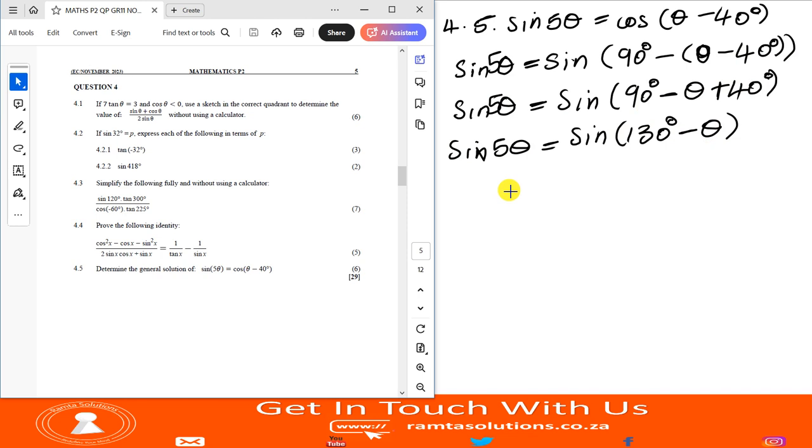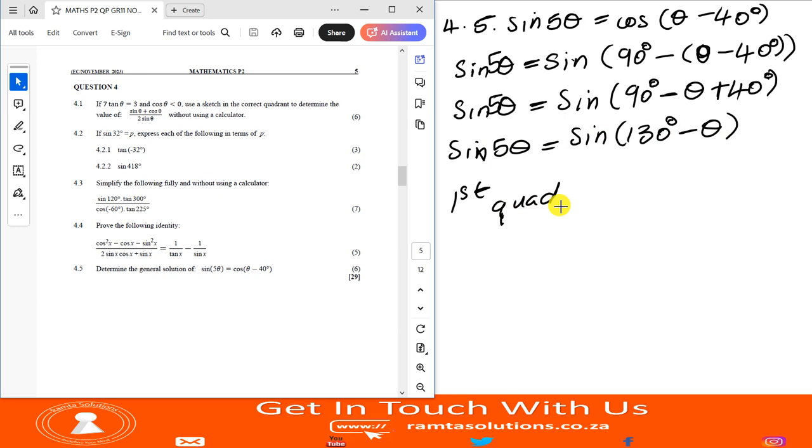So let's consider this 130 minus theta. I will think of it as a reference angle. So sine 5 theta is equal to sine 130 degrees minus theta, meaning sine is positive. Sine is positive in the first quadrant, right?